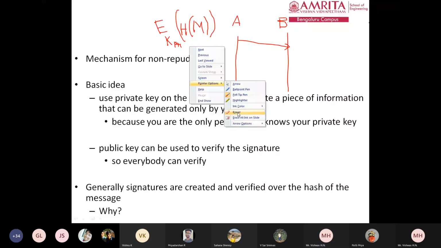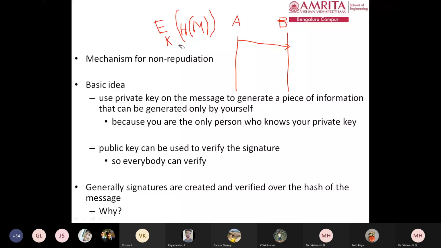So it is clear that you have the hash code of the message and you are encrypting it using the private key of the sender, which is called the digital signature. Now can you tell me what keys we need for digital signature?